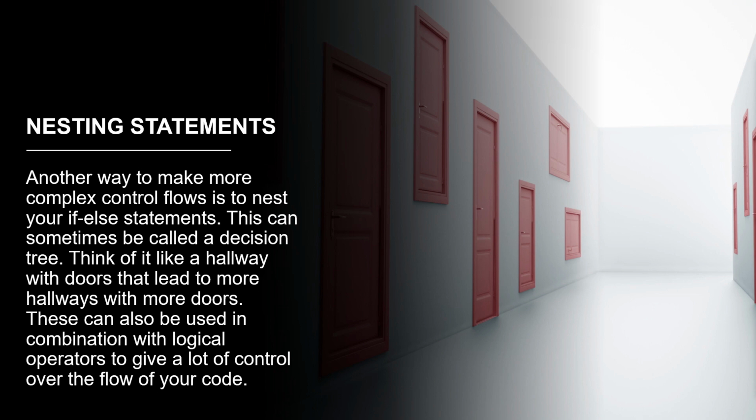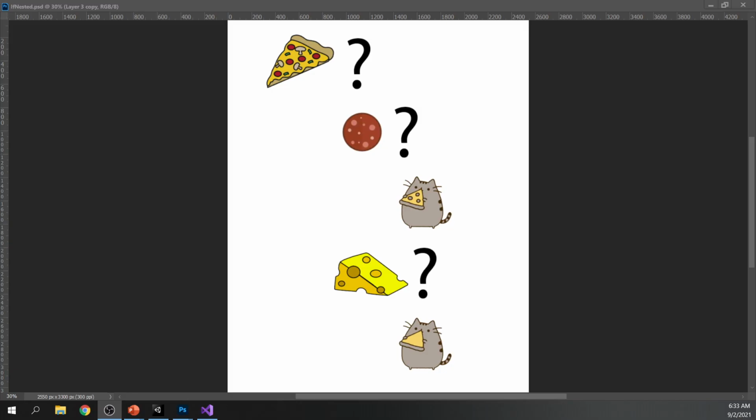So if you go through one door, you're then given a choice of other doors. And you can also use these in combination with logical operators to give you a lot of control over the flow of your code. I want to go back to the example of choosing what to eat, because this is another great way to illustrate these kinds of control flows.